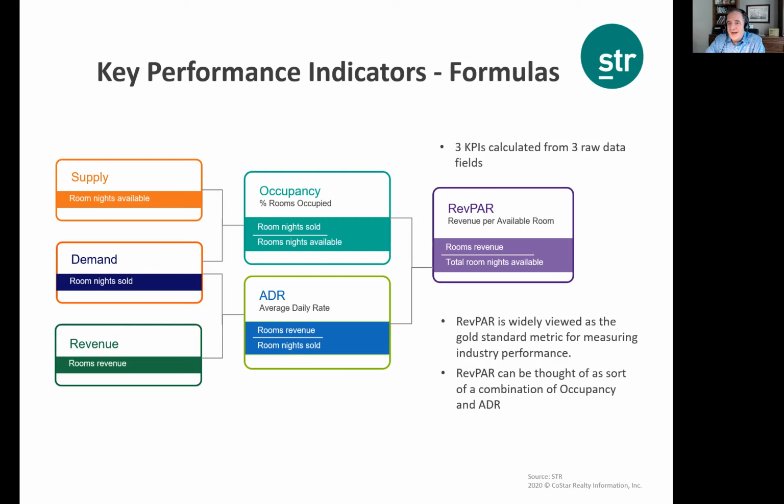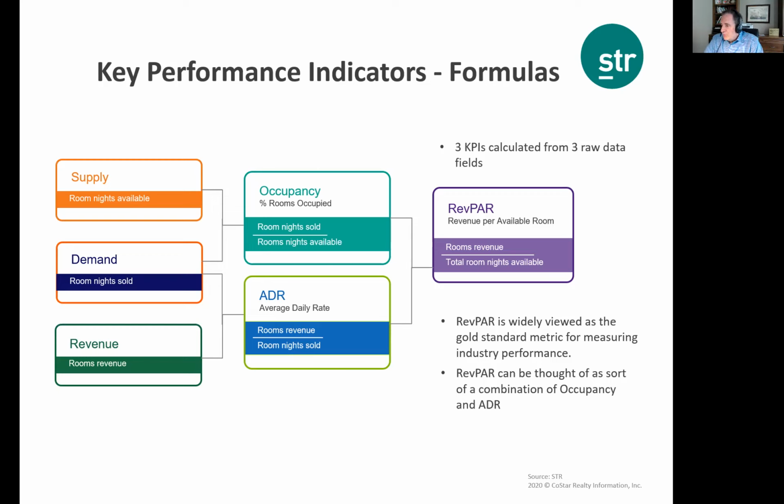In the middle column, occupancy, the percent of the rooms occupied. Down below that, ADR, average daily rate, is what? The room revenue divided by the room nights sold. And don't forget the third KPI, the RevPAR, is what? It's the room revenue divided by the total room nights available. So 3 KPIs are generated from 3 raw data fields.